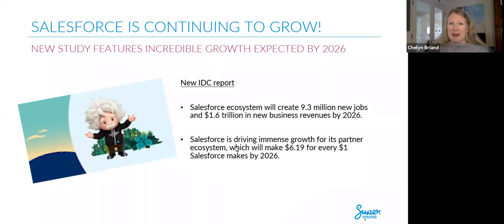There's already a talent shortage, and there's going to be a massive talent shortage. So a great opportunity for all of us. In terms of the bigger picture, Salesforce and the ecosystem are driving immense growth with the partner community, a lot of programs to grow and develop partner companies, and then a lot of training talent organizations as well.